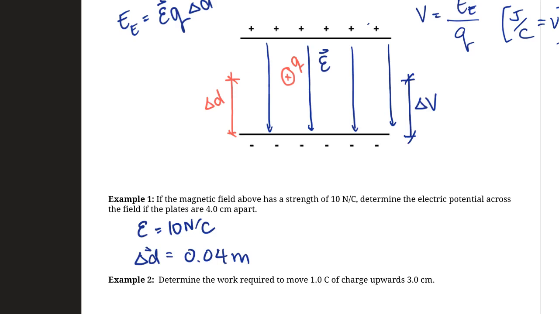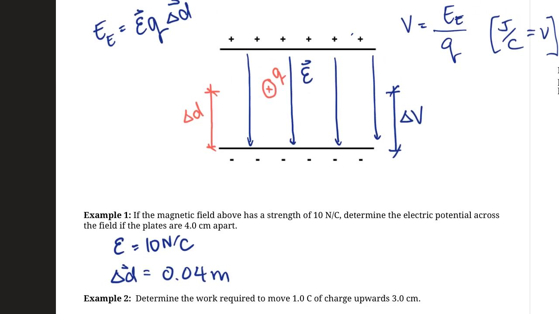So we know that. Can we determine the electric potential? Well, we know the electric potential is defined as the electric potential energy divided by the charge. So let's see if we try to look at voltage as electric potential energy over charge.